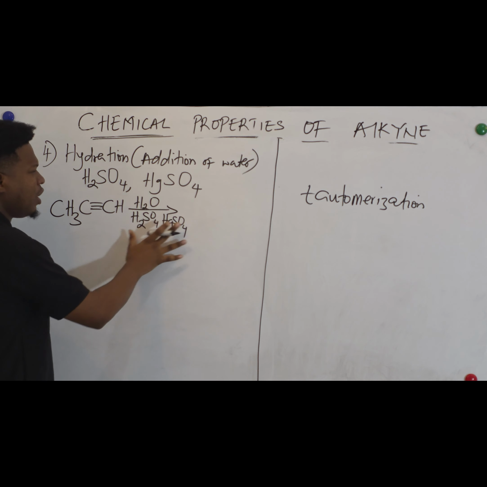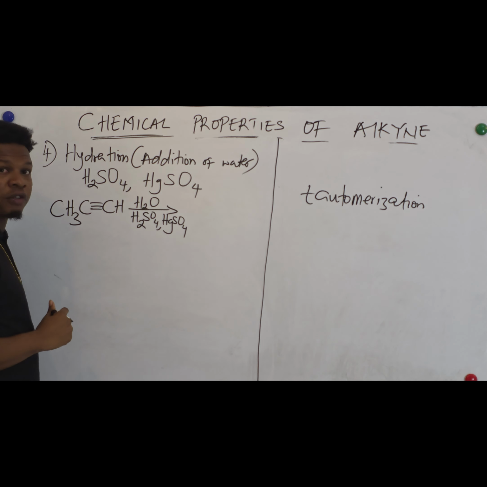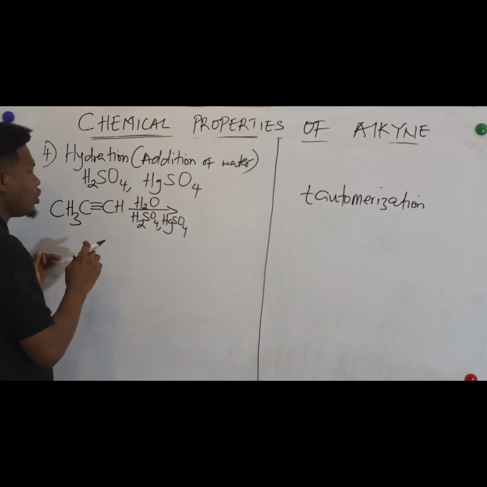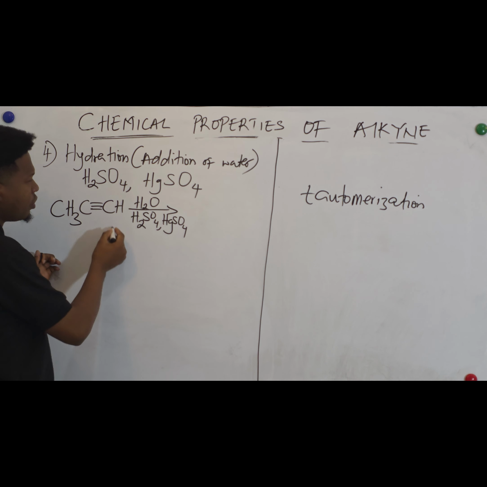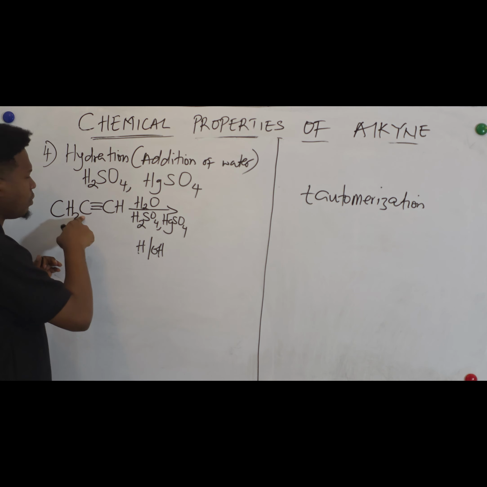The catalyst will propel this water to be added following the Markovnikov pattern. According to Markovnikov's rule, water has H and OH, so H will go to this side, OH will come to this side.